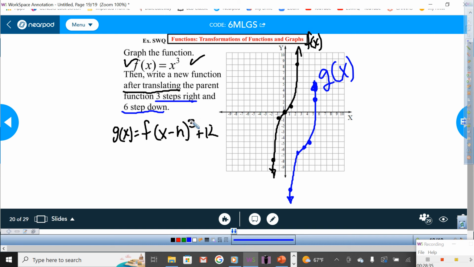Share with your neighbor where you're going to substitute and what. All right, go. Negative 6 for k. 6 steps down. Yes, that is correct.